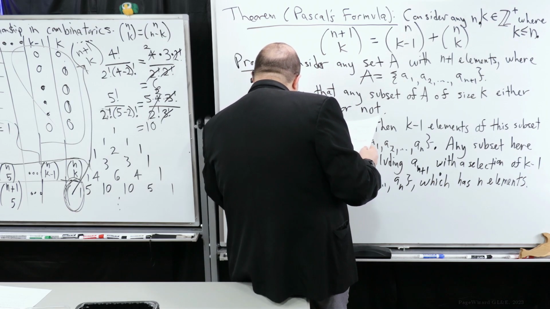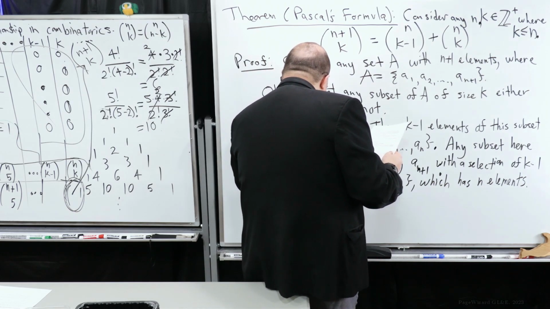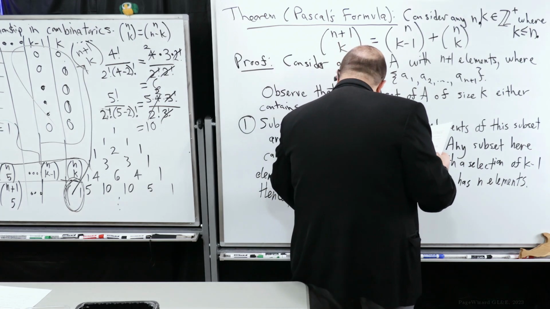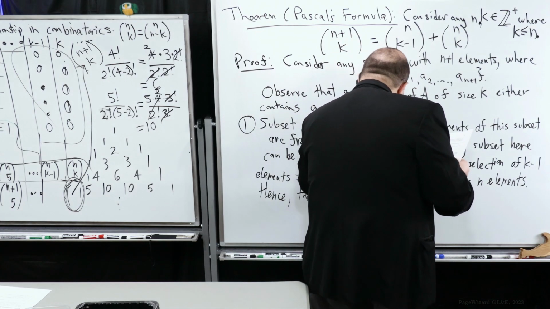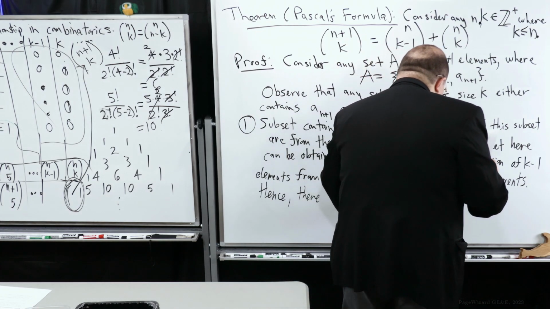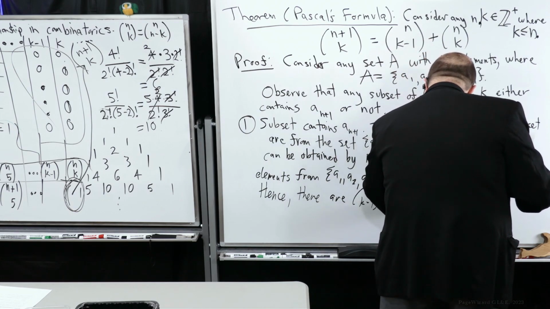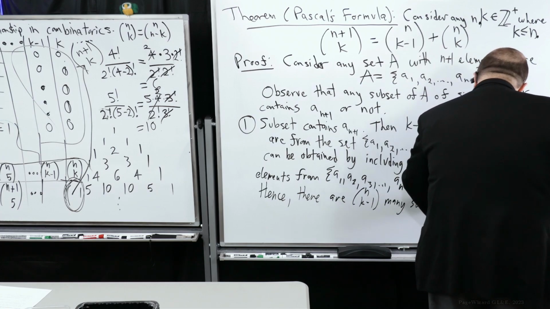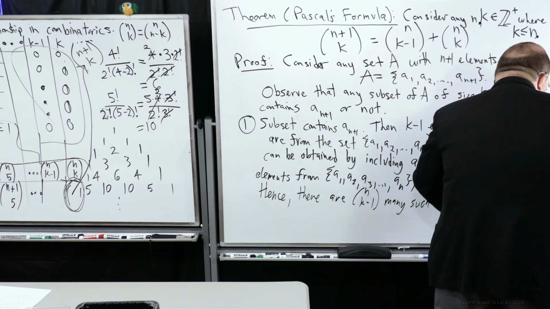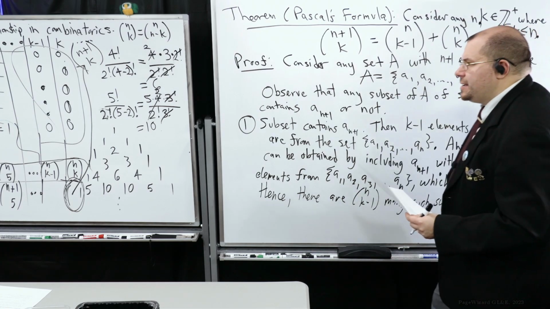Hence, there are n choose k minus 1 many such subsets. Right? That counts for the first case.